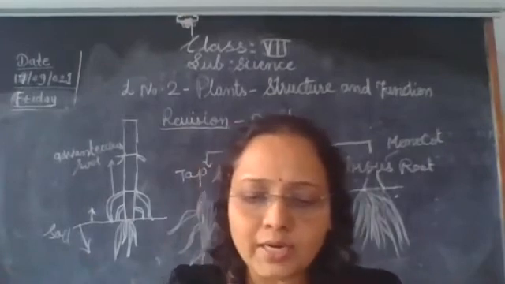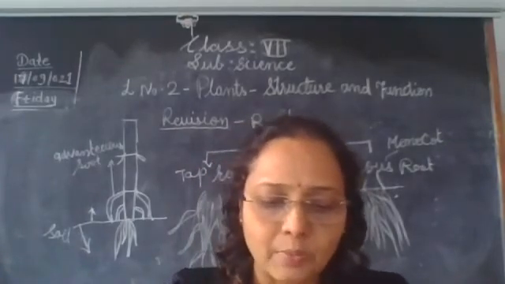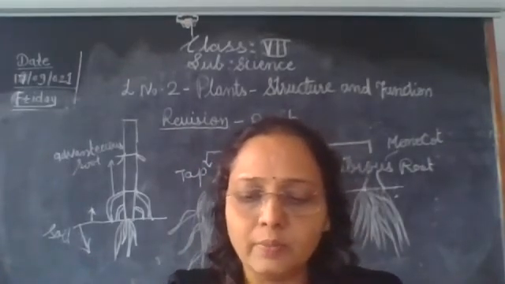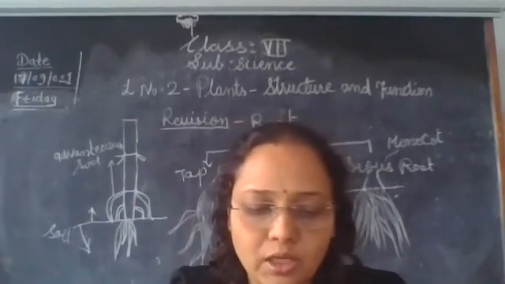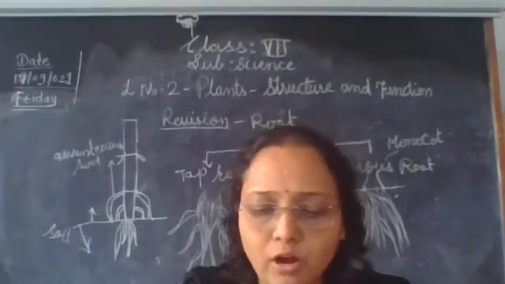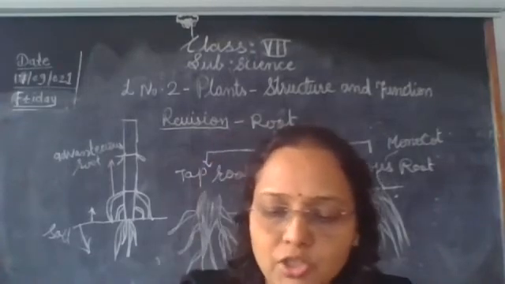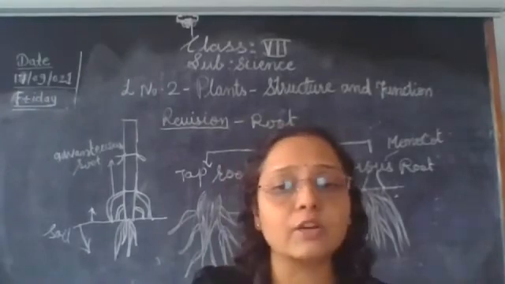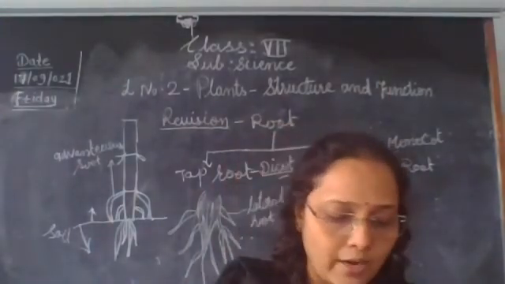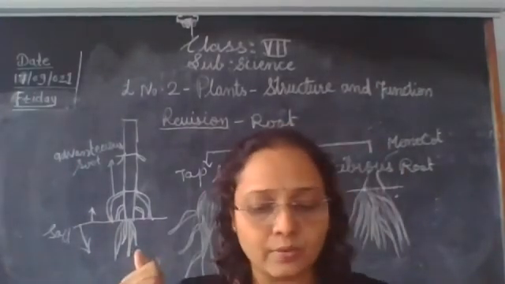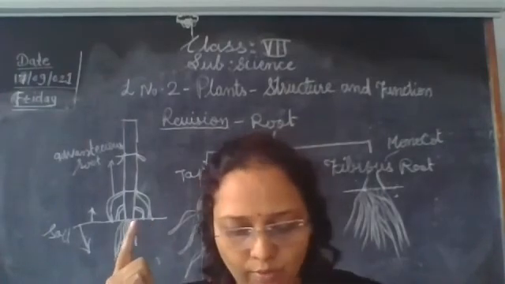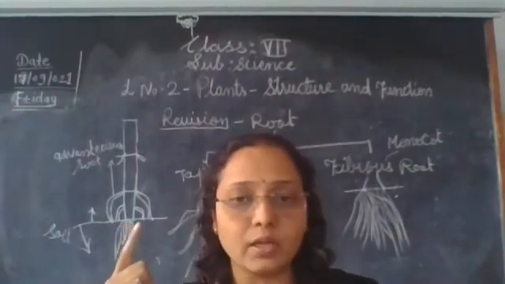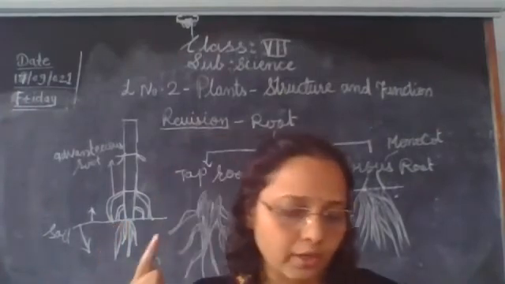Okay. Besides the normal functions like absorption of water and minerals, anchoring and supporting the plant, roots perform some other functions too. You know the functions of root. What is the main function of root? Root provides support to the plant. Root also absorbs water from the soil.